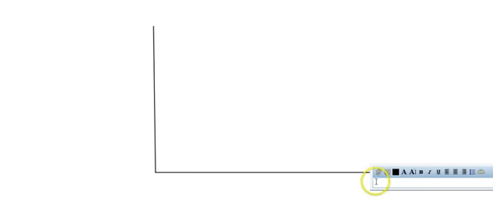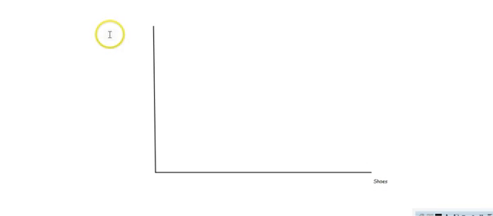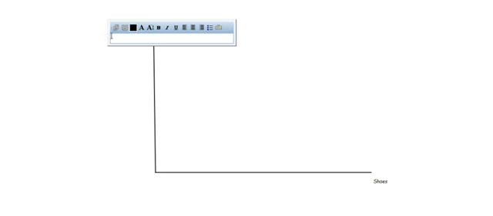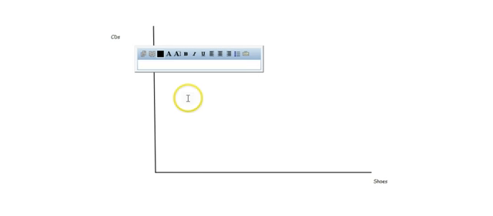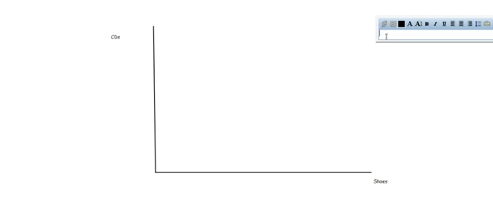Now, let's put along the horizontal axis shoes, and along the vertical axis we're going to put CDs. Now, what we also need to know when we are creating our budget constraint is how much money do we have in our pocket?